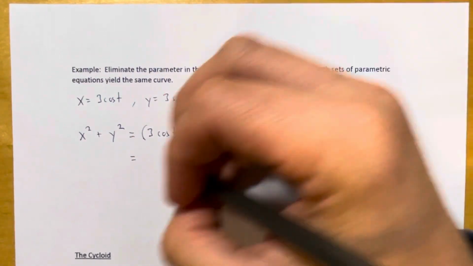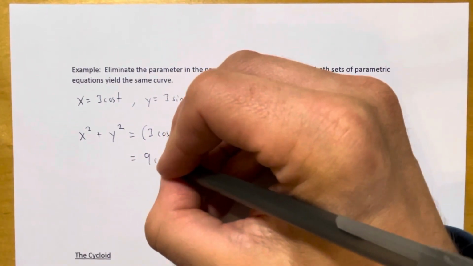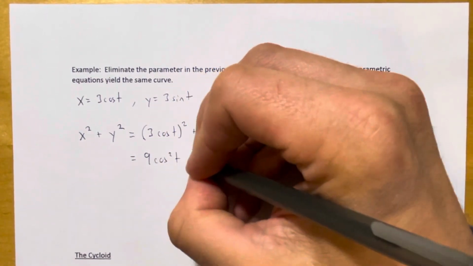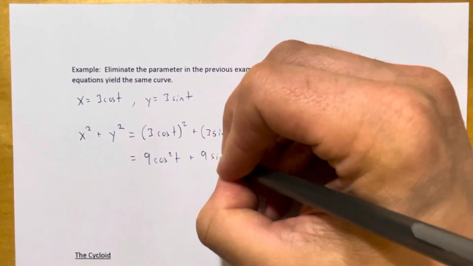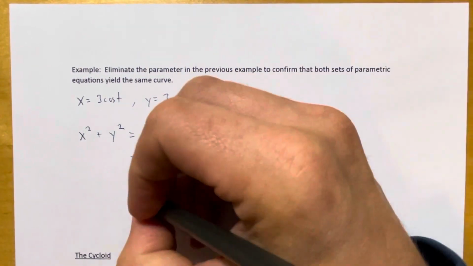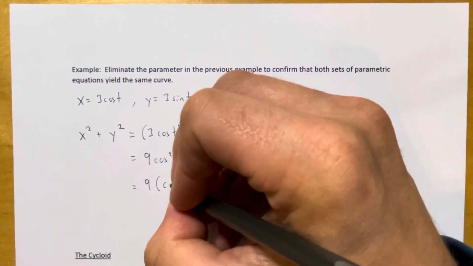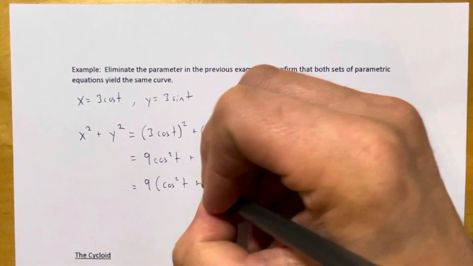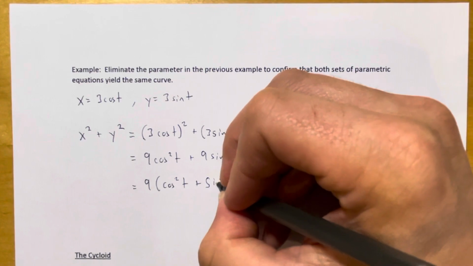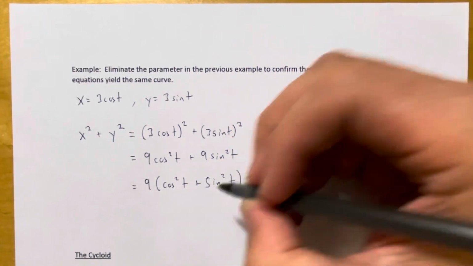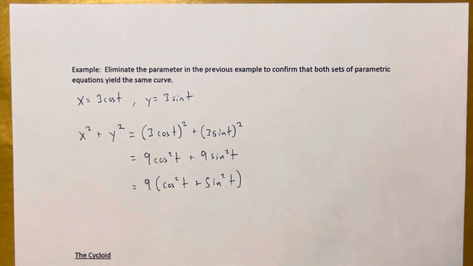This is the same thing as 9 times cosine squared of t plus 9 sine squared of t. And if I were to factor a 9 out, like this, sine squared of t, what's left in parentheses I recognize as my Pythagorean identity.